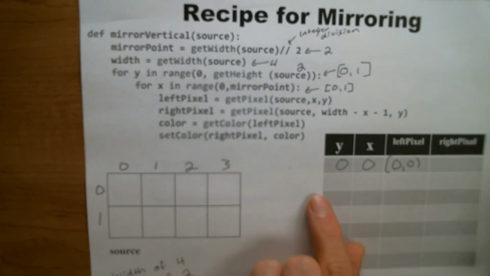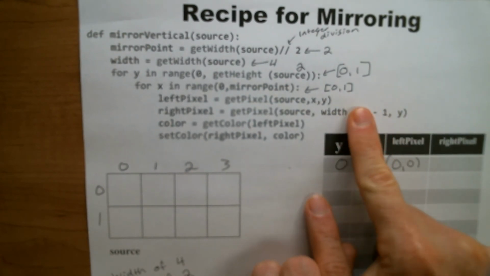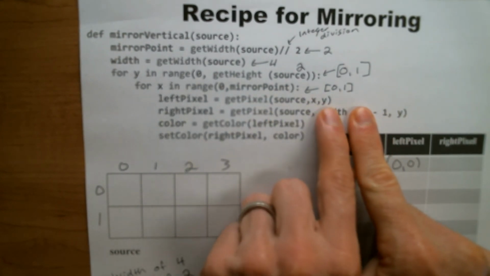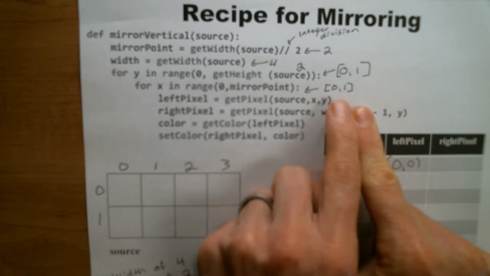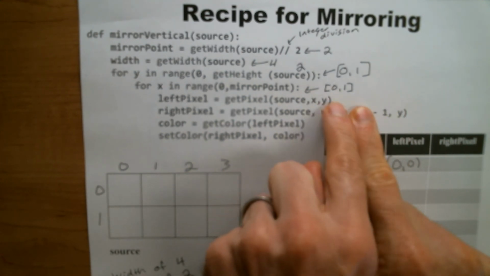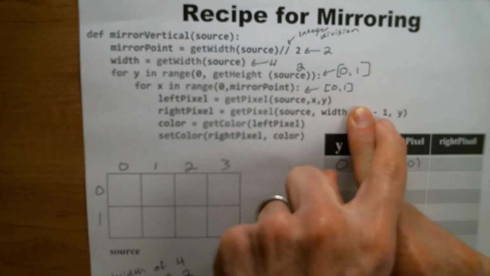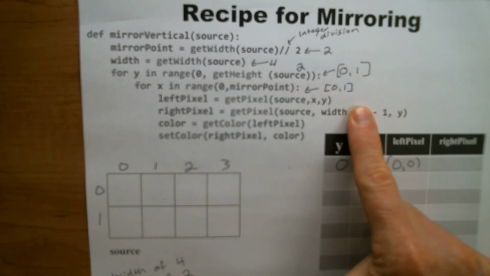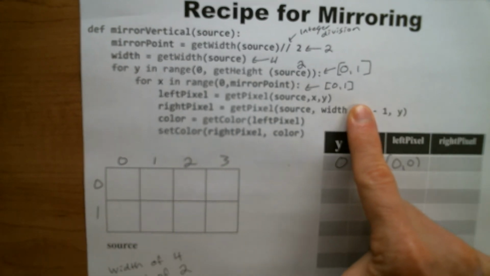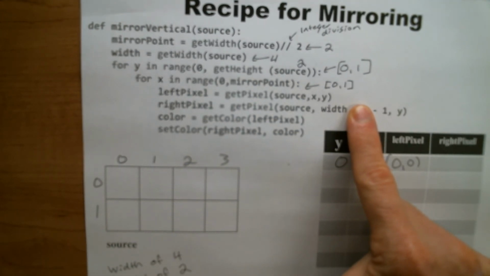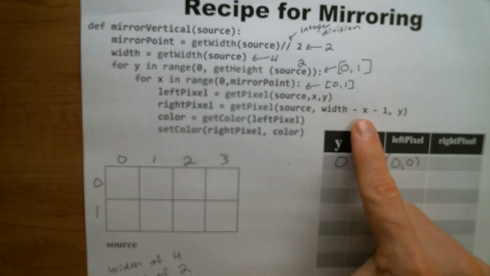So let's ignore the x for a second. If we just focus on this as width minus 1, that's basically giving us the final pixel, because if the width is 4, 4 minus 1 is giving us the final pixel. So that's going to put us at the rightmost pixel. Now, by subtracting x, we're going to be getting a slightly different pixel each time.